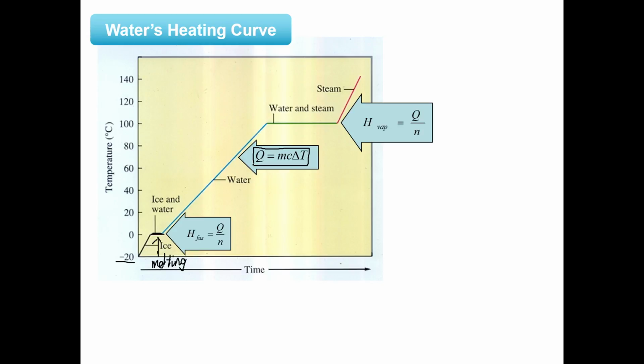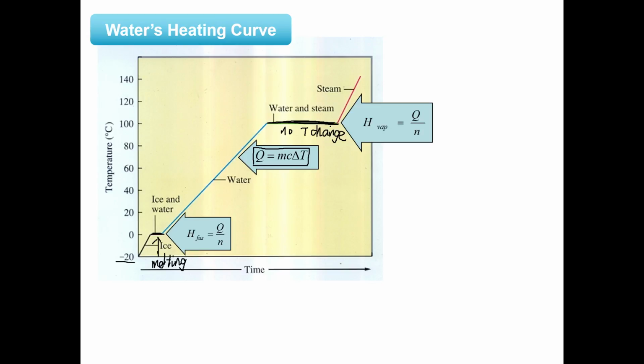Water, using our formula for specific heat capacity. There is temperature change when there's no state change. Of course, we want to reach 100 degrees Celsius. There's another state change into steam. Once again, it's flat, no temperature change. Be careful. You don't want to make that mistake.